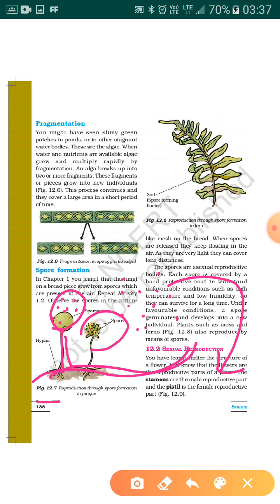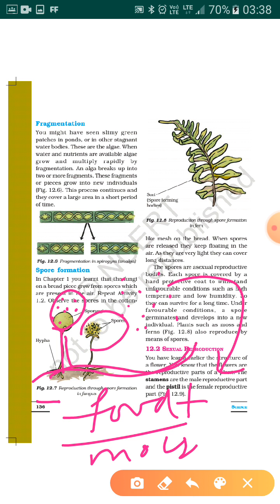What will be the friendly condition for them? Basically the food, which is the bread or any food. It can be wood, it can be some cloth piece, anything. So food plus some moisture. Whenever these spores get food plus moisture, they will start growing over it.